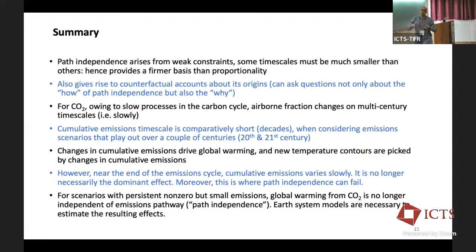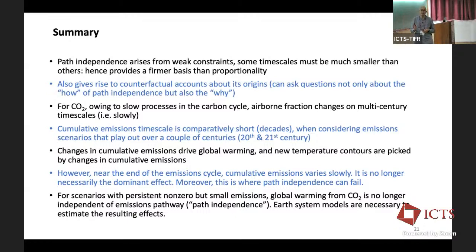Right. Now, in principle, we'd like to understand all the links in the chain, but there's an emergent simplicity given that global warming is a function of cumulative emissions. So if I want to know what happens in 2100, I need to only understand cumulative emissions until 2100.